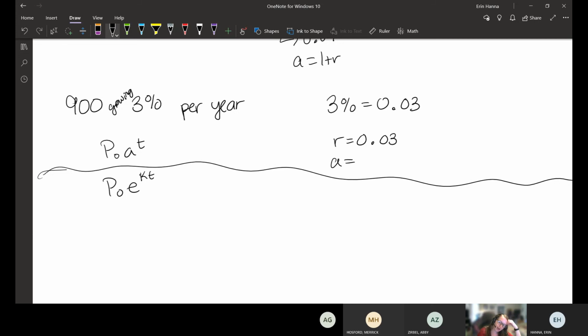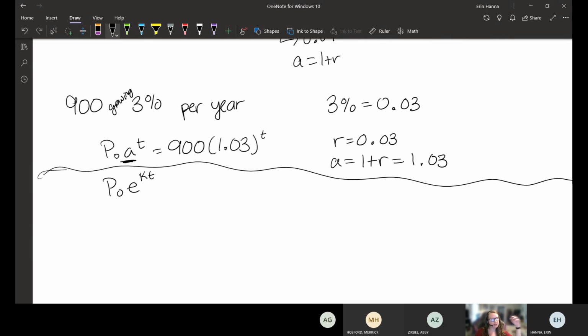But then we have to find our a value, which is 1 plus r, so 1.03. And that's what we'll use in the equation. Now, P naught, the initial condition, is going to be our initial value of 900. And then we just found our a to be 1.03 to the t.